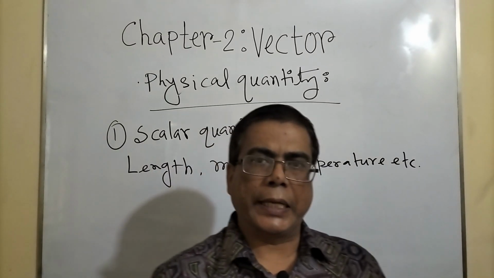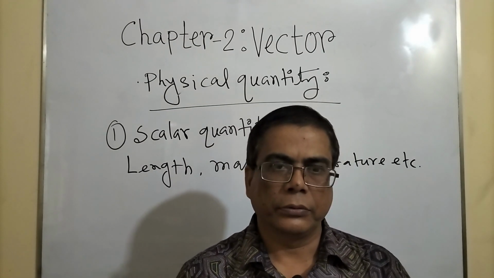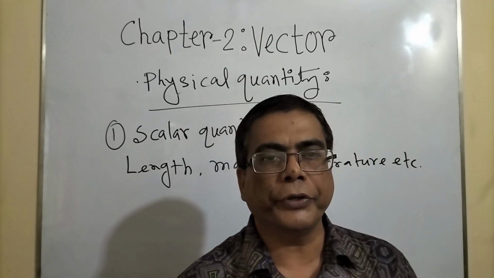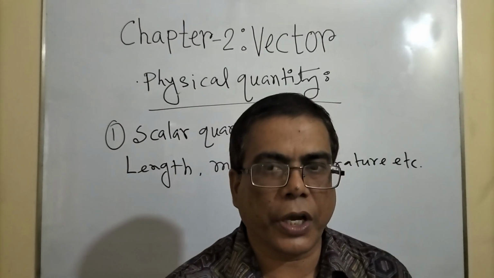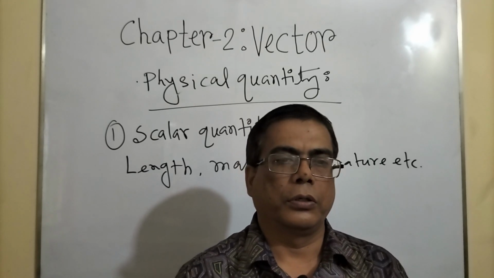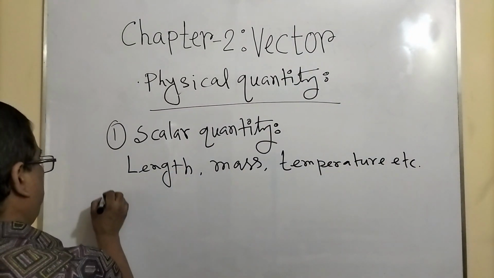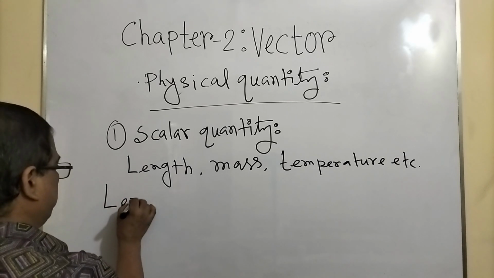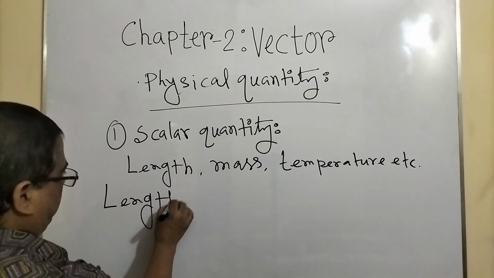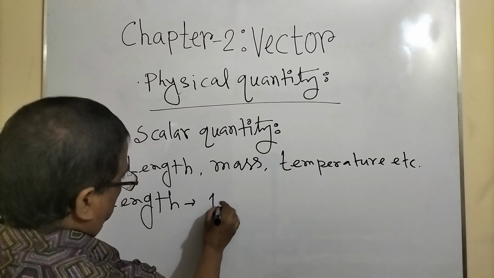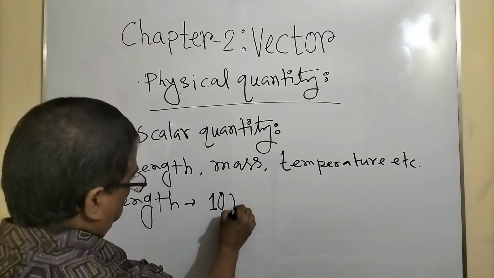To represent a scalar quantity, we just need a single number with a unit and a mathematical sign. We see, for example, length, suppose 10 meter.